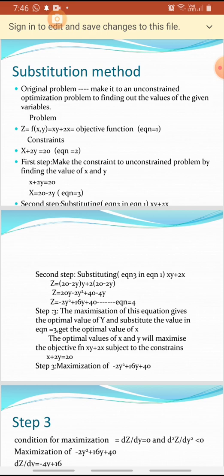So step 3 is maximization of equation 4: z is equal to minus 2y square plus 16y plus 40, since 20y minus 4y gives 16y.